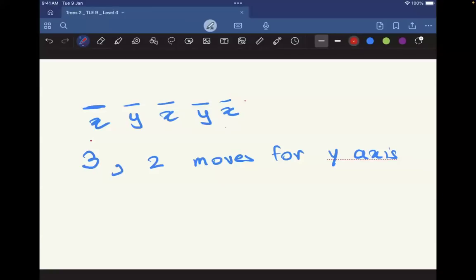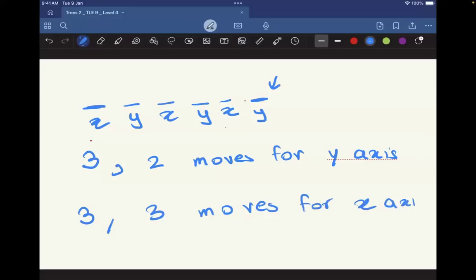All right. Now, similarly, guys, let's say we ended on Y. The last move we did was for the Y axis. Now, guys, do you agree that if I am doing 3 operations on the Y axis, I have to do 3 moves on the X axis as well? Yes or no?